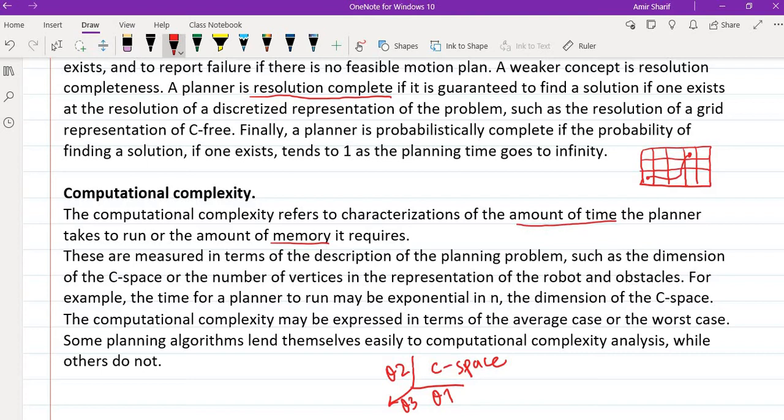In this case, the time it takes to find a path, and the memory required by the motion planning algorithm, will be the computational complexity.